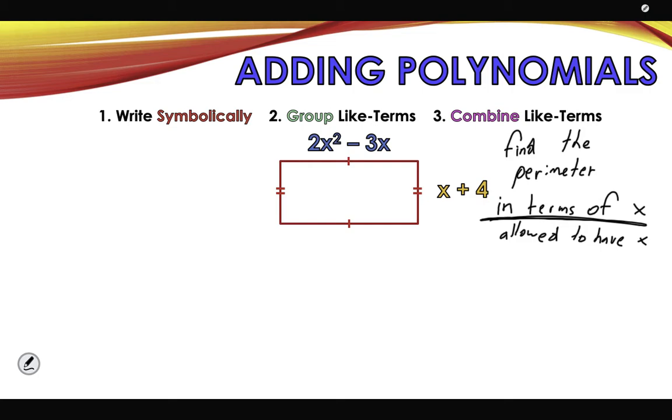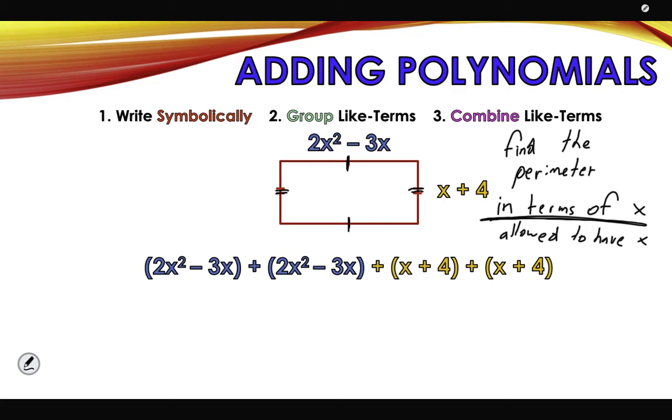So the first thing we're going to do is we are going to see this little tick mark here and that tick mark there, these two here and these two here. That tells you that those sides are the same. Then what we're going to do is write out, okay, if I want the total perimeter, it's this side plus this side plus this side plus this side.